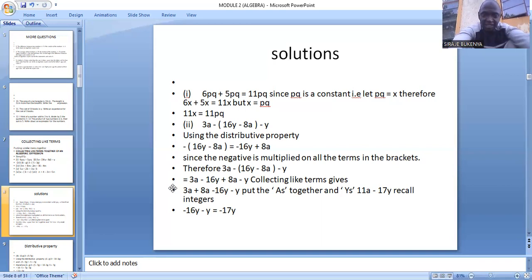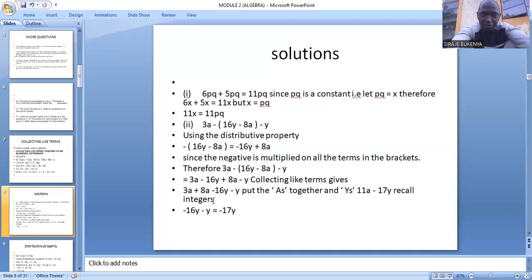If you collect like terms, the a's being put together, 3a plus 8a, and minus 16y minus y, then you're going to get minus 16y minus y, which gives you minus 17y. So you've combined minus 16y and minus y, which gives you minus 17y.